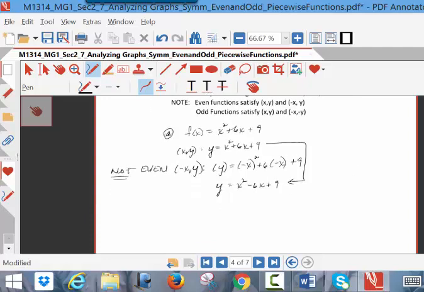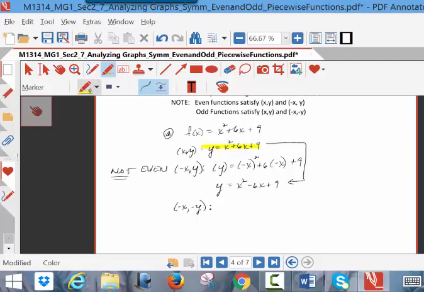Okay, so let's check odd. Odd is symmetry with respect to the origin. So what is this ordered pair going to be? Negative x and negative y, both of them. Okay, so look up here at your original. Here's my original.